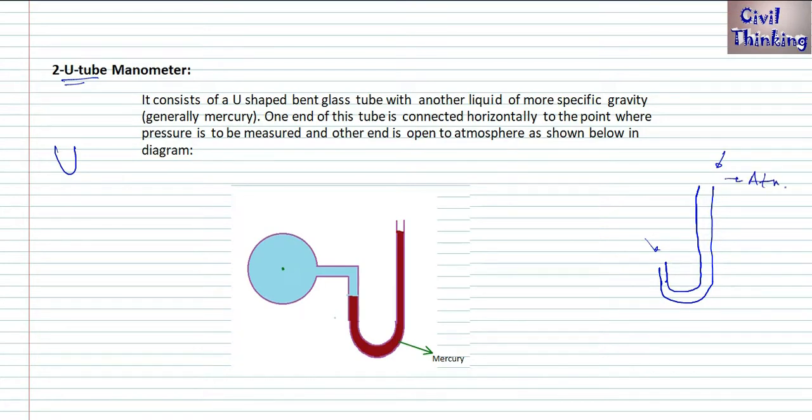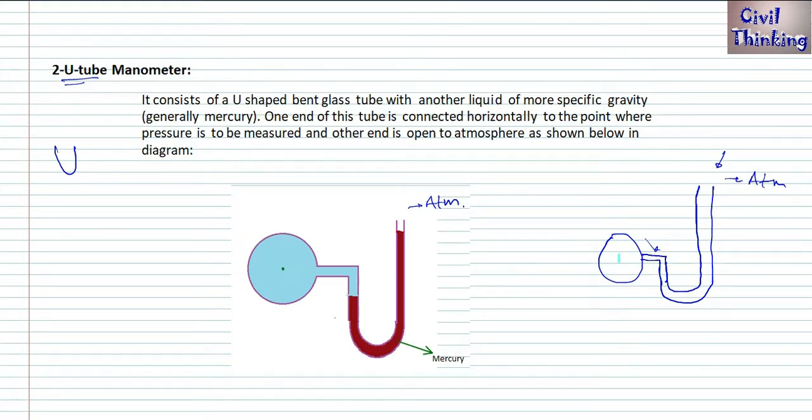Here is the atmosphere. And the other end is connected to the pipe where we want to find the pressure. In this case we want to find the pressure in this pipe. So this is the pipe, and we connected it to the pipe. Now here is of course some fluid.